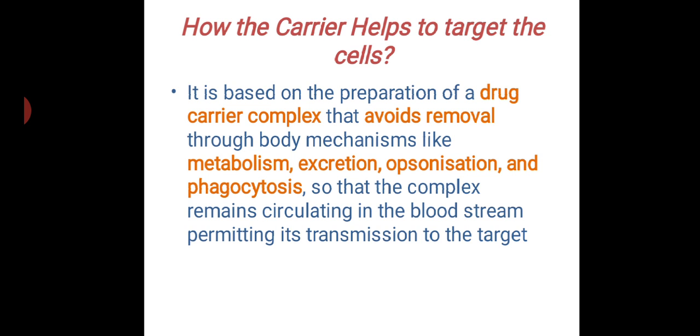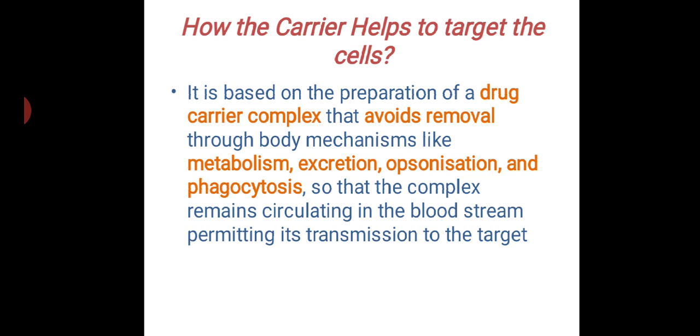The drug forms a complex with the carriers, and it avoids the removal and metabolism. In the previous slide we have seen how it works. One method was avoiding the first pass metabolism. Second, it avoids the normal metabolism.